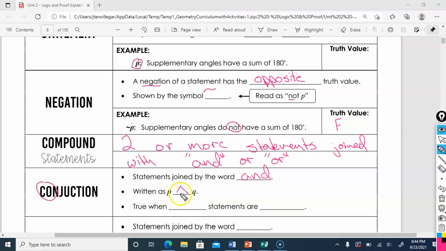That means P and Q. When is this true? When both statements are true. So if I say I love cats and I love dogs, but I don't love cats, the entire statement's false. Even if I do love dogs, the entire statement's false, because both parts of the and have to be true.